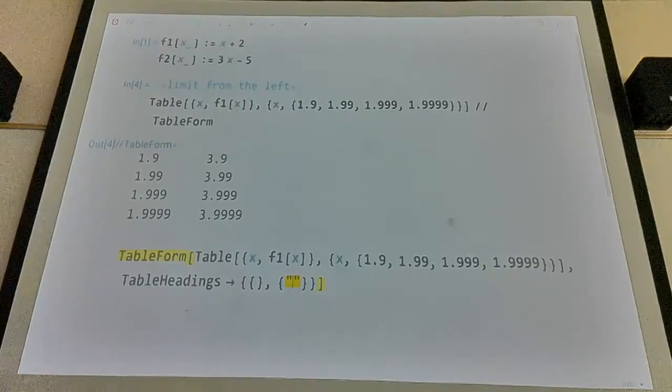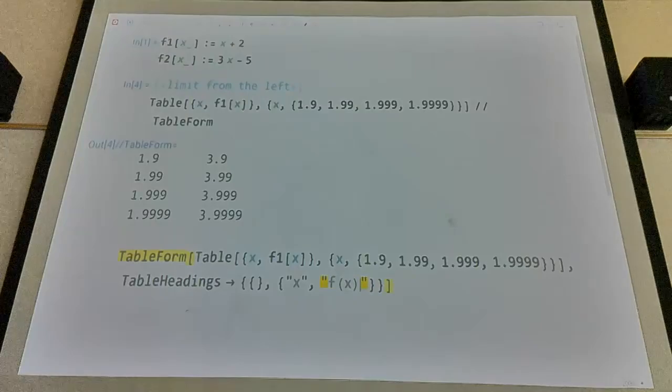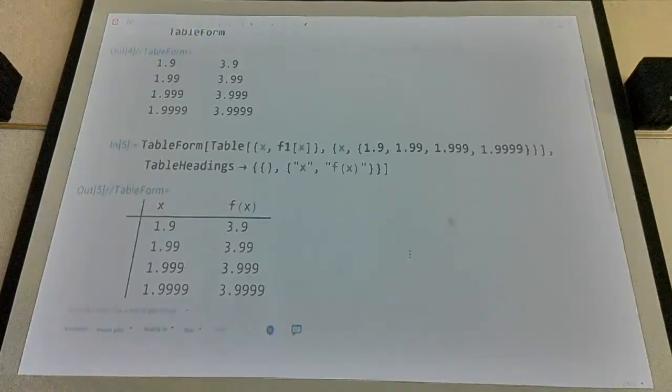Our first column was X, right? And the second column represented f of x. That looks much more presentable. Was that enough? Do you get an idea of what f of x is doing from the left?